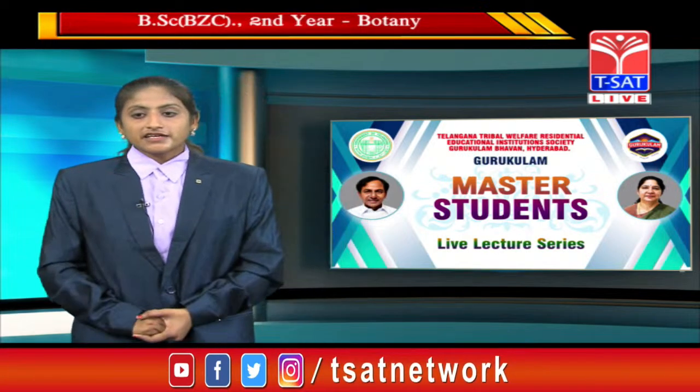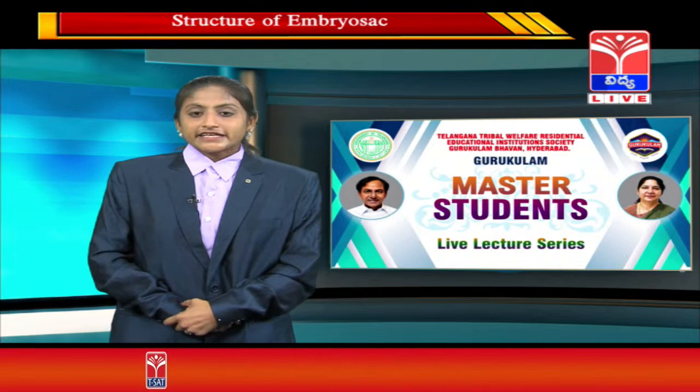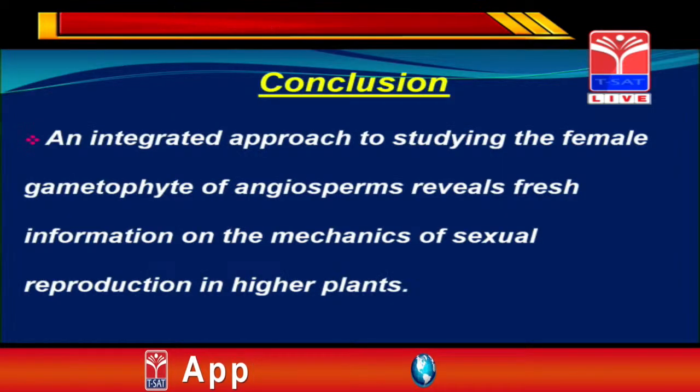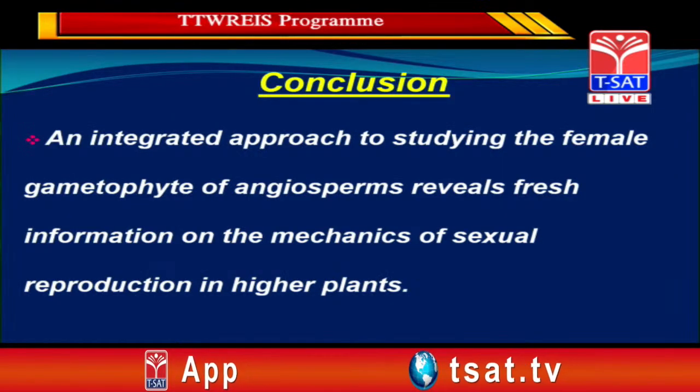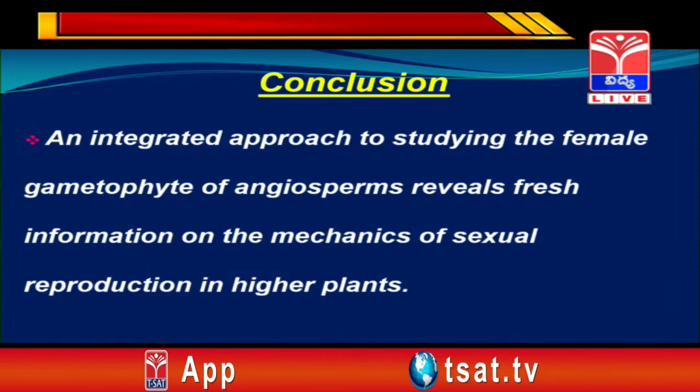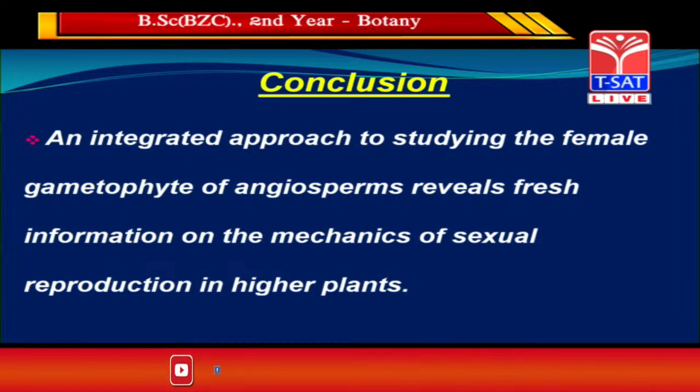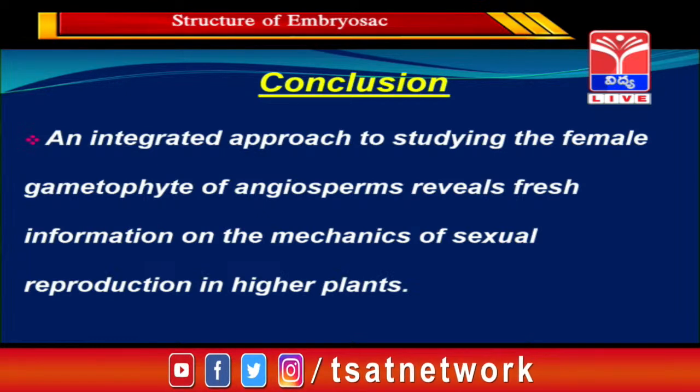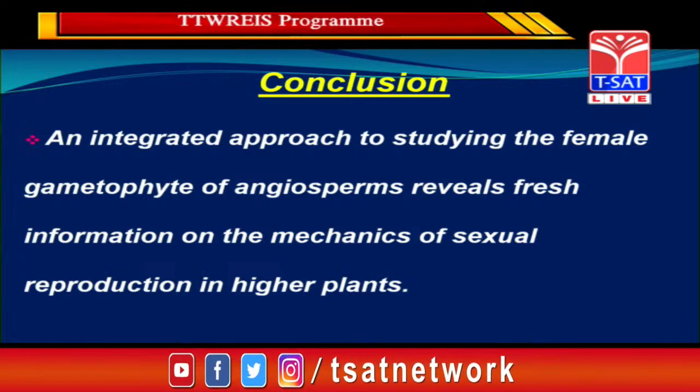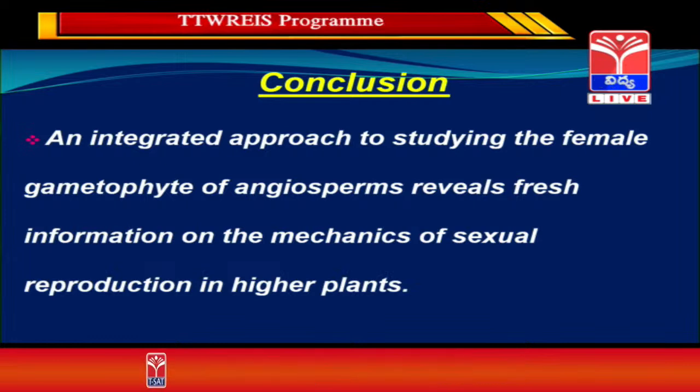Lastly, I conclude that the embryo sac is a 7-celled and 8-nucleated structure, and an integrated approach to studying the female gametophyte of angiosperms reveals fresh information on the mechanism of sexual reproduction in higher plants.